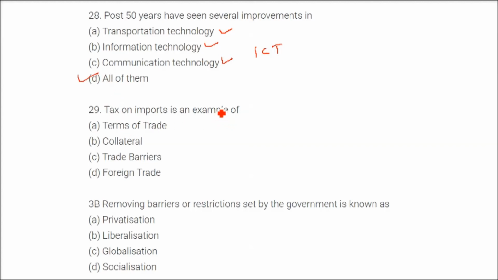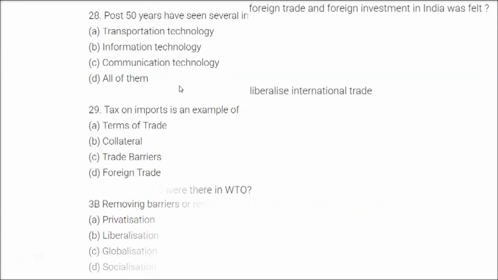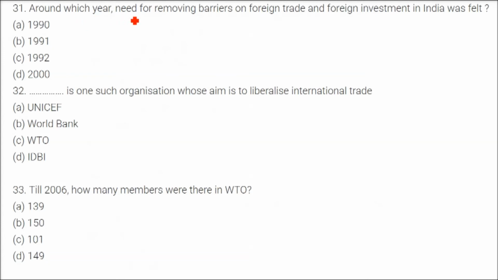Tax on imports is an example of trade barriers. Removing barriers or restrictions set by the government is known as liberalization. Around which year was the need for removing barriers on foreign trade and foreign investment felt in India?